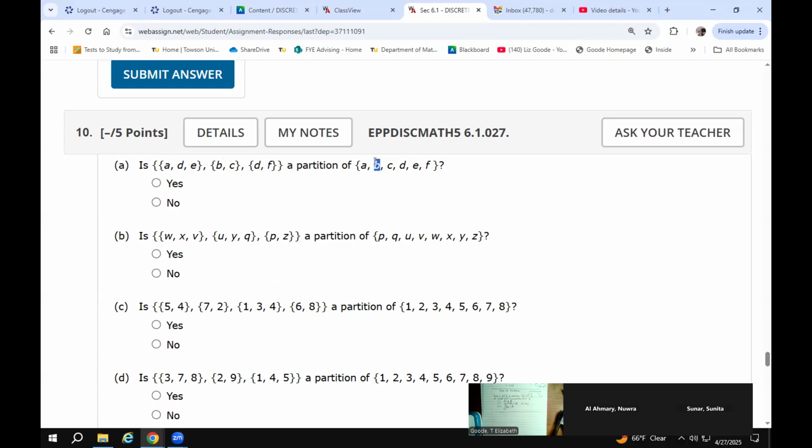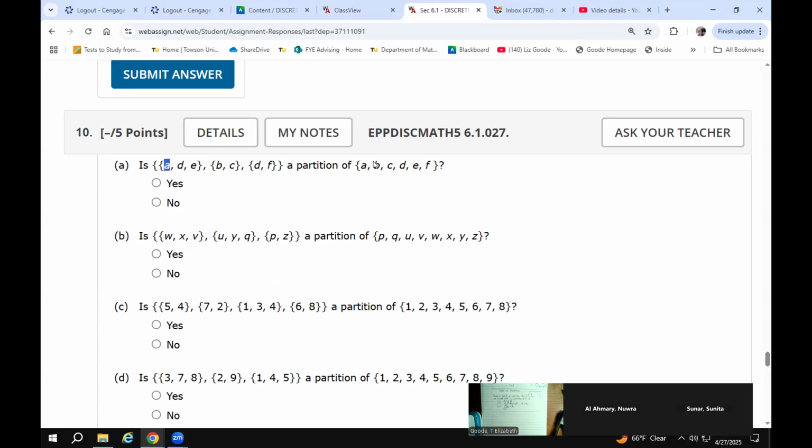If there is an element that doesn't appear in exactly one of these, then it's not a partition. So let's first check the element little a. It needs to appear in exactly one of these 3 supposed partitioning sets. There it is, and it doesn't appear in any of these other ones.